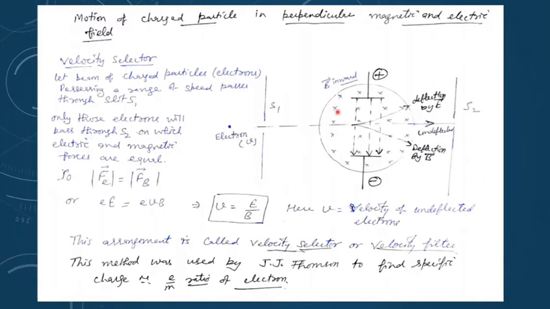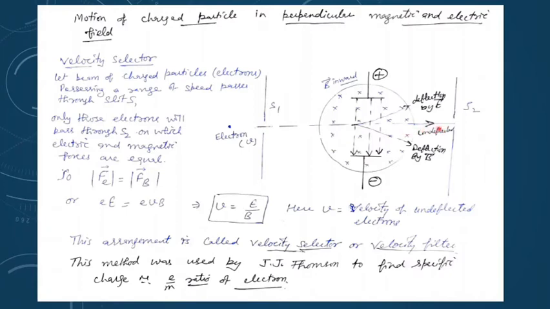When both act perpendicular to each other, this arrangement is used to select a velocity, as a velocity filter. Whatever deflection is produced by the electric field, the same should be produced by the magnetic field in the opposite direction, and as a result the electron beam goes undeflected.